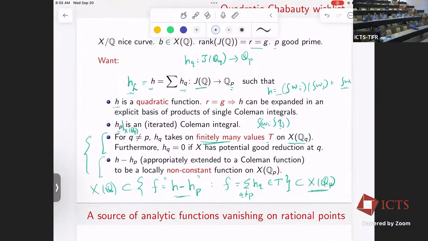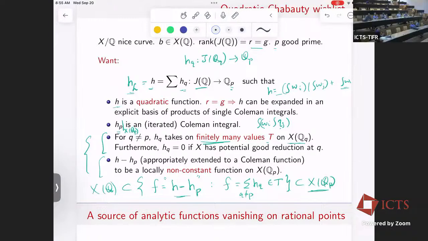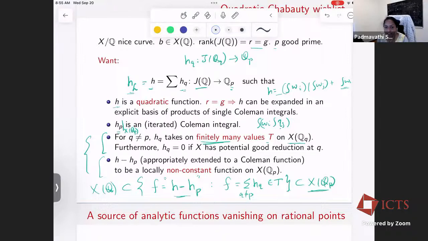That comes from the assumption that L is non-trivial in the Néron-Severi. Okay, so it's really constant H minus H_P. Yes, at least you don't have a way of showing that you don't get the 0 function.